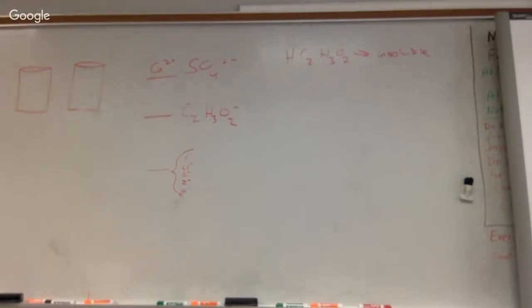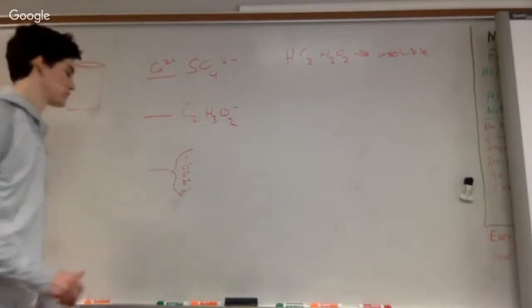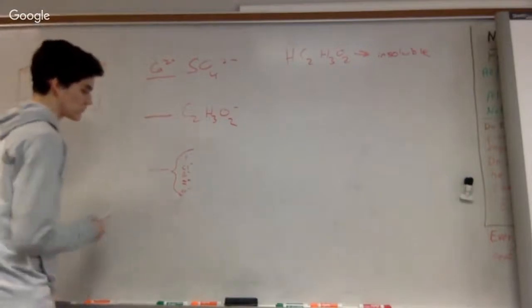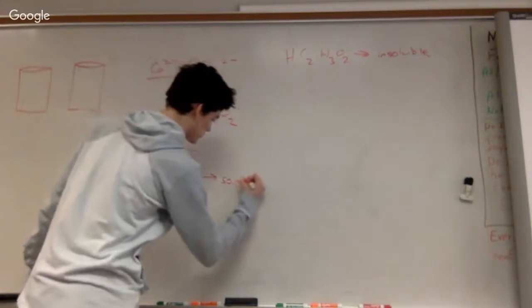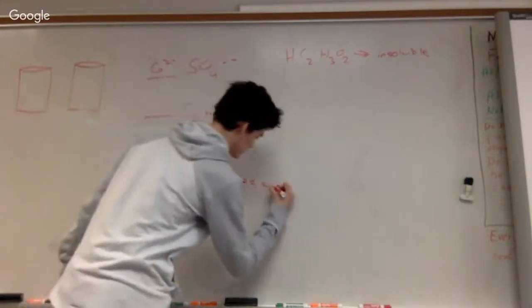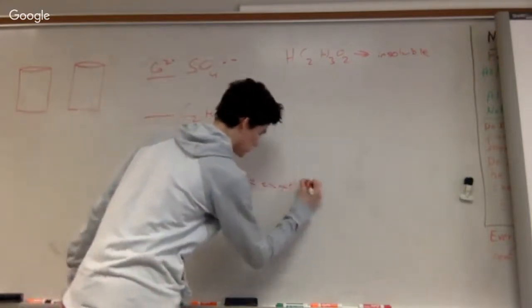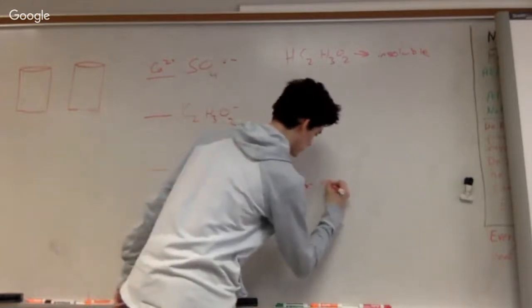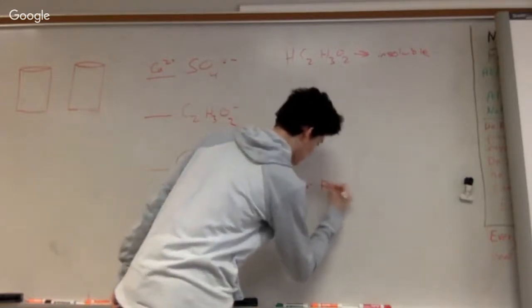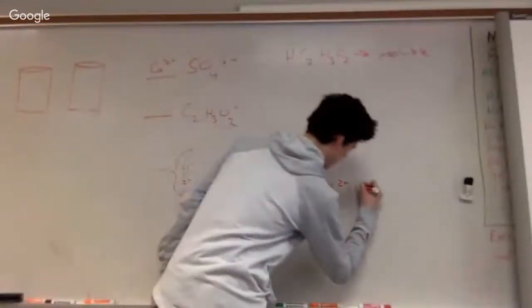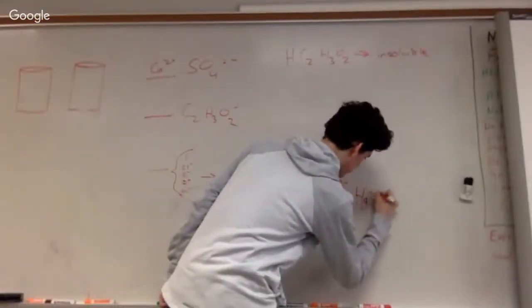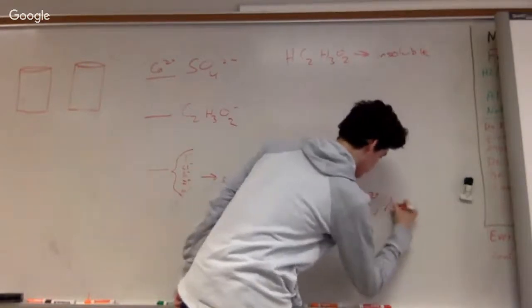Okay, all of those are soluble. So anything with fluorine, chlorine, bromine, iodine is soluble, except for, I want you to write next to it, except for Pb2 plus, Hg2 plus, and Ag plus.